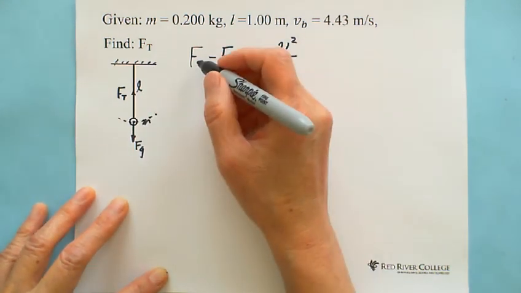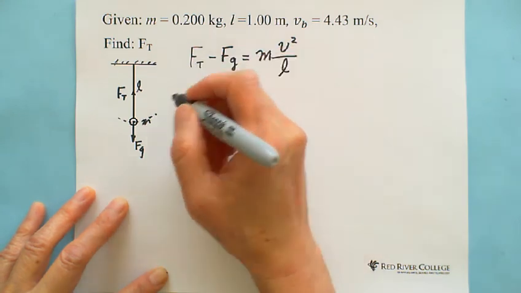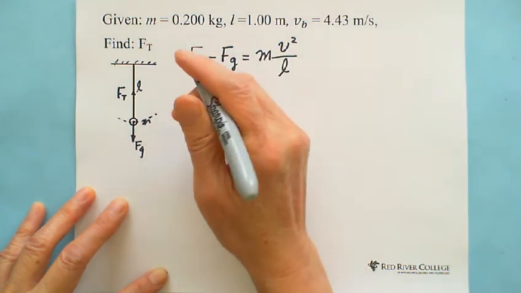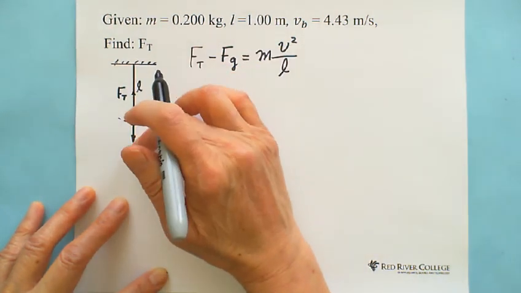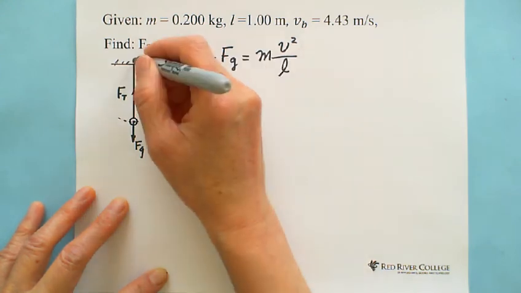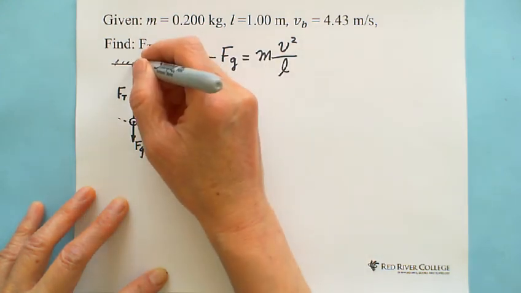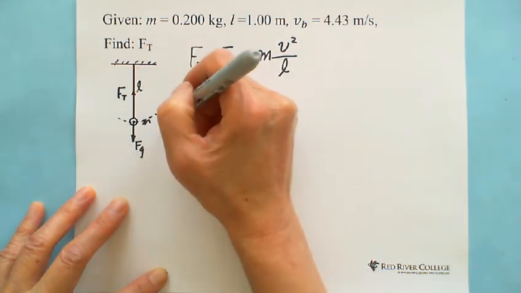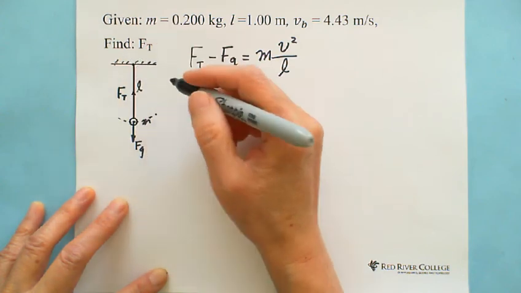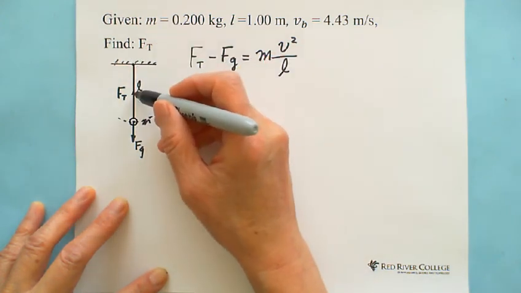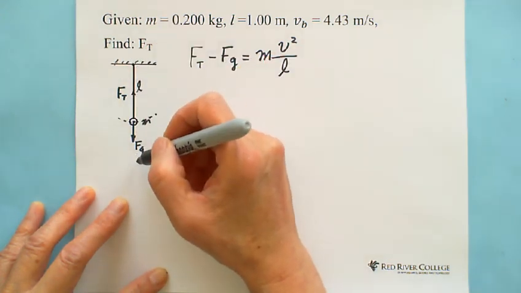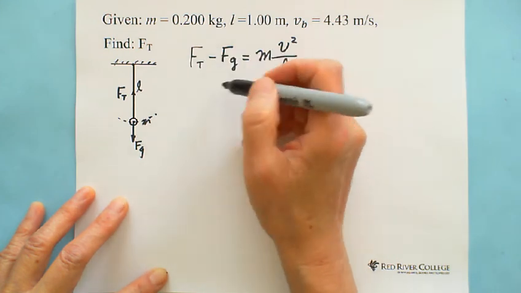The tension and the gravity, one is up, one is down, and the center of the circular motion is over here. That's why the tension force subtracts the gravity. This is the net force.